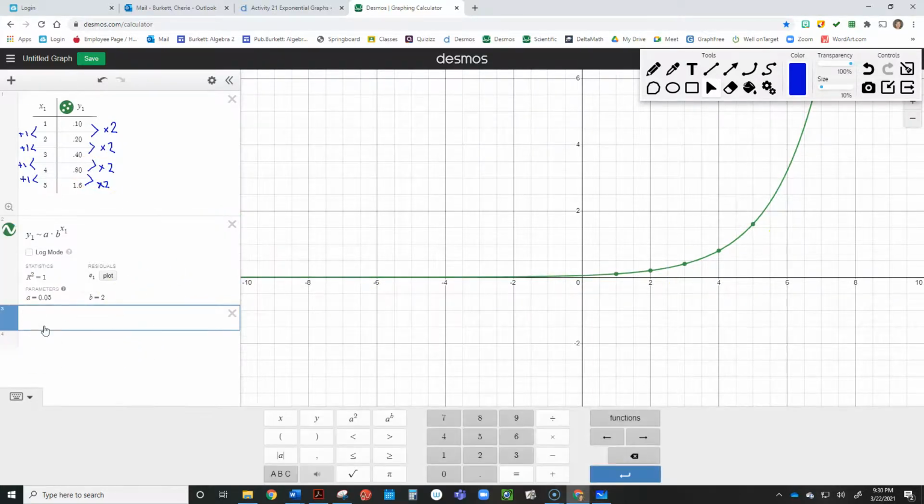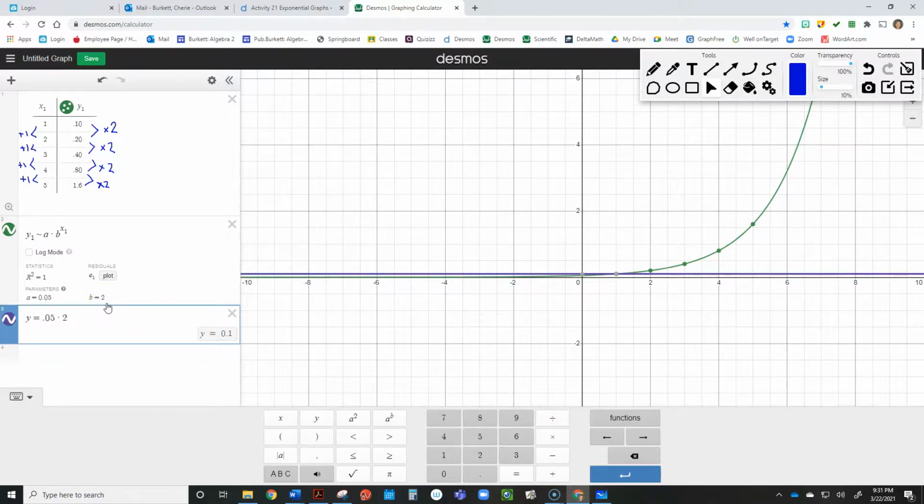We can check to make sure that you understand the equation by coming down here on another line and typing the equation in. So we see that the equation is y equals, the a value in my equation is 0.05. Then we hit the times button, and the b value is 2, and then we raise that to the x power.